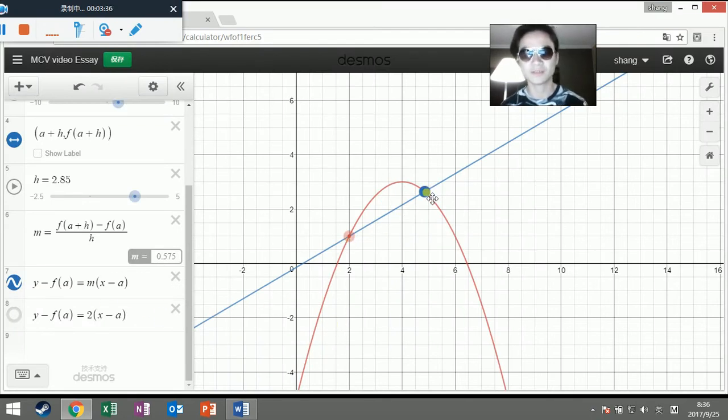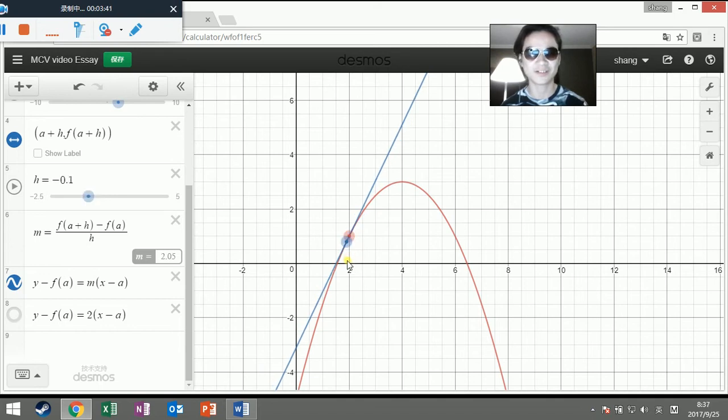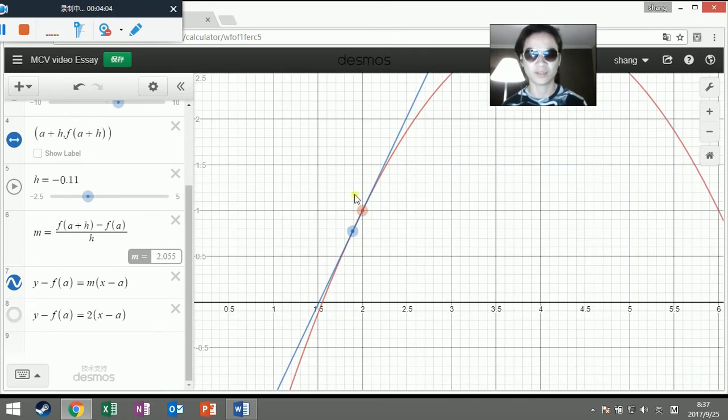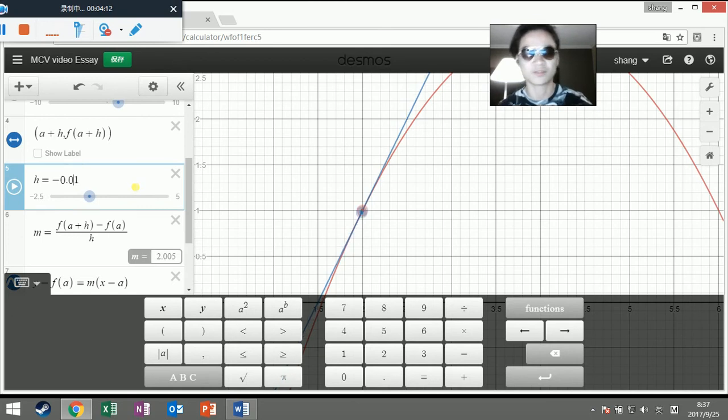The second part is when the addition point approaches the base point. That means we cannot find the distance between these two points, so we need another way to find the slope in this condition. We cannot find the actual distance between these two points, so we just let h almost equal 0.